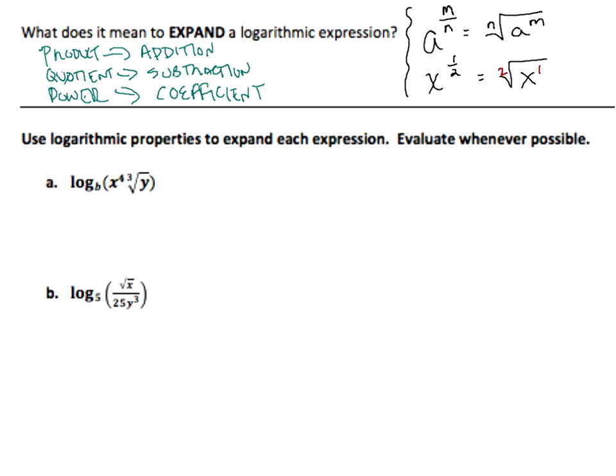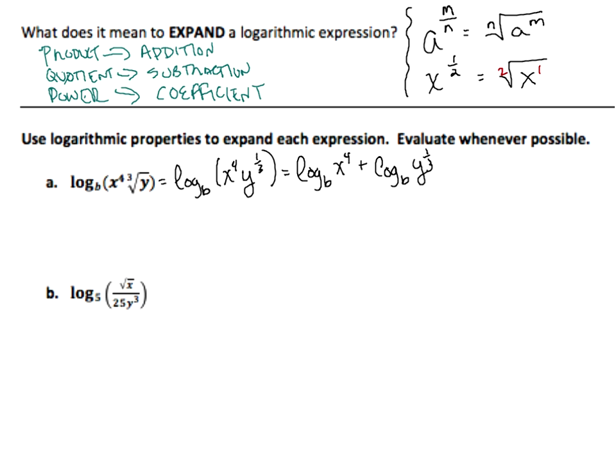So coming back here, log base b of this product, x to the 4th times the cube root of y. The first thing I'm going to do is get rid of that root and change it to a rational exponent. Log base b of x to the 4th, y to the 1/3 power, since I'm taking a cube root. Now I have that product that I want to expand out with addition. So log base b of x to the 4th plus log base b of y to the 1/3.